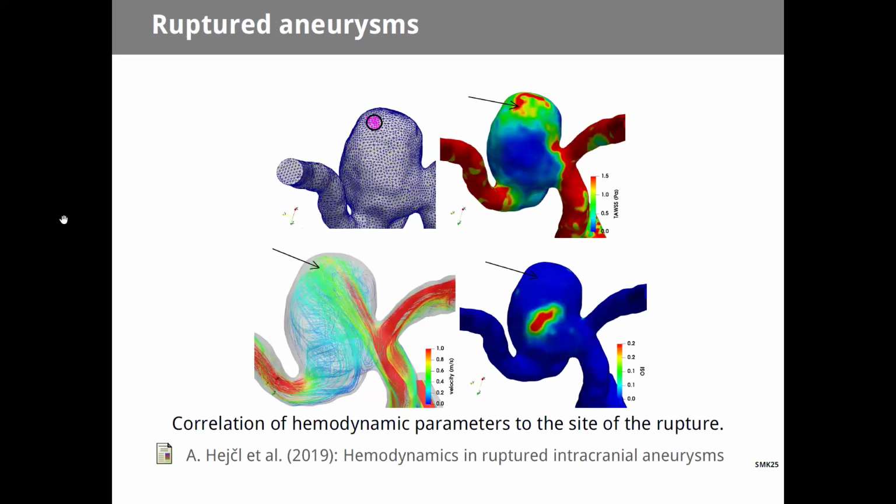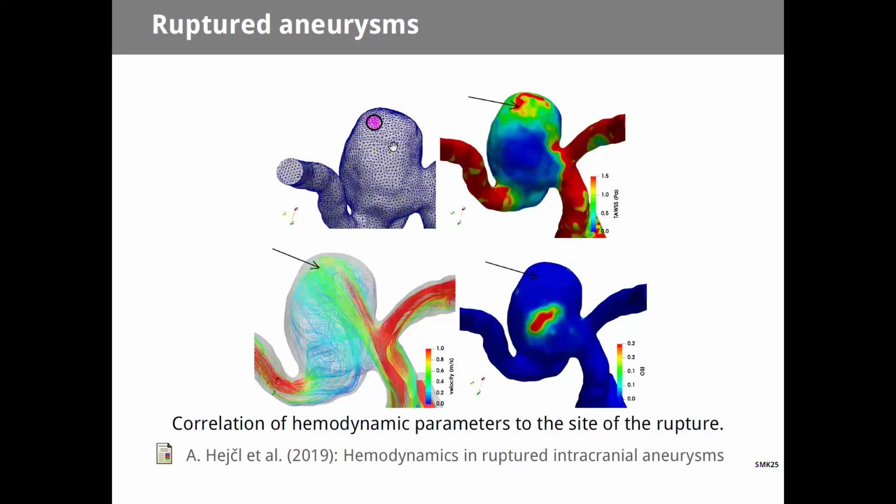So what do you do with this information? This was one study where we had the geometry of aneurysms, and this is the computational mesh. In this study, the doctors knew where the rupture of the aneurysm occurred later.